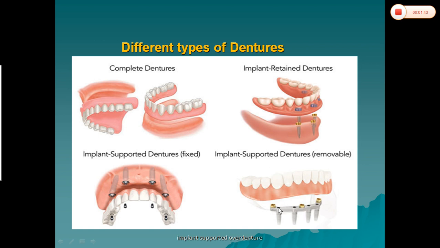So in implant supported, most of the support is gained by the implant and bar attachment, whereas in implant retained, most of the support will be gained by the residual tissues. And one more is fixed, where it is fixed permanently with the help of screws. So in our topic we will be dealing more with these two types, implant retained and implant supported dentures.